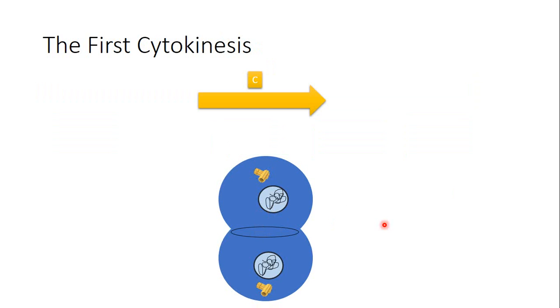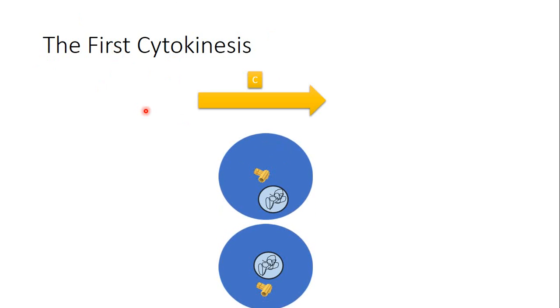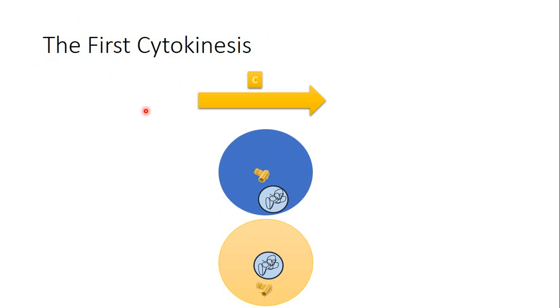Then at the end of the meiotic phase, we have the cytokinesis, and this is the first cytokinesis. During the cytokinesis, the two cells are simply separated from each other, and we will get two non-identical cells. As you see, they are non-identical with 23 chromosomes on each side.